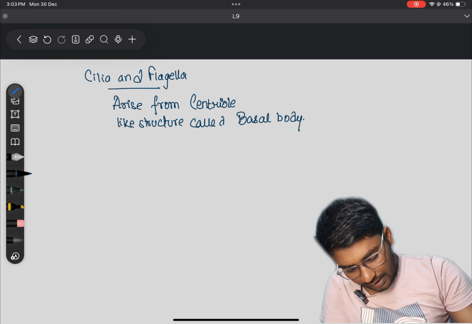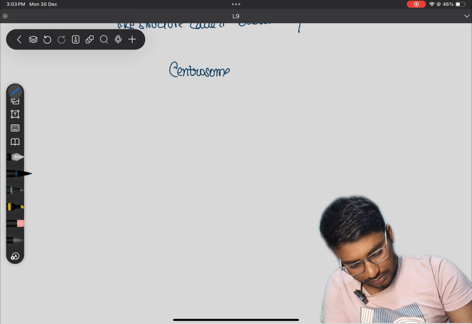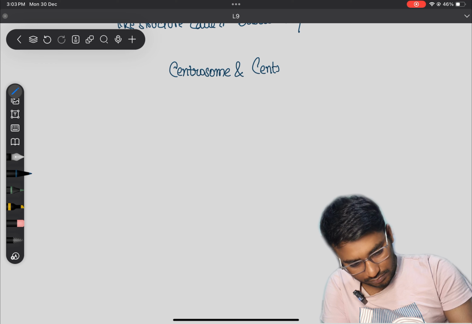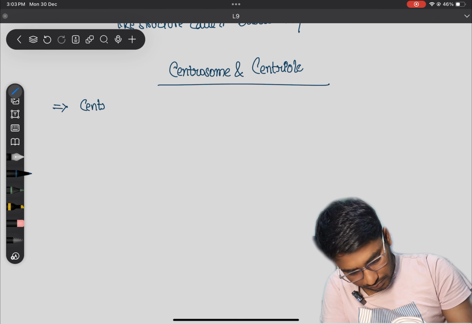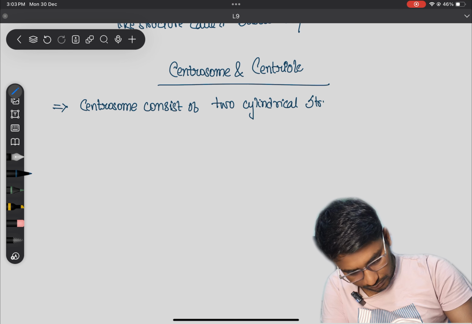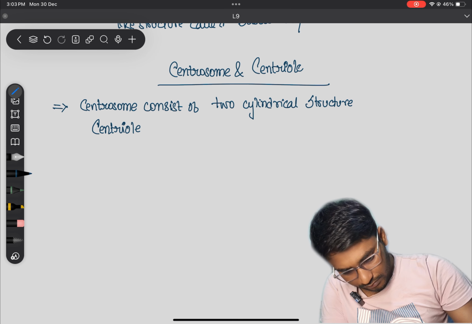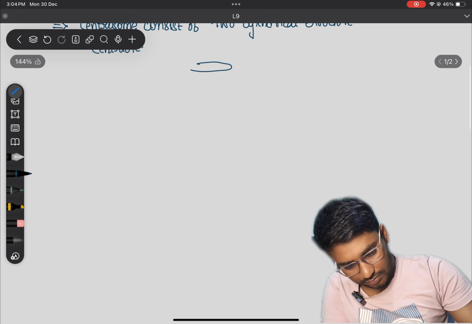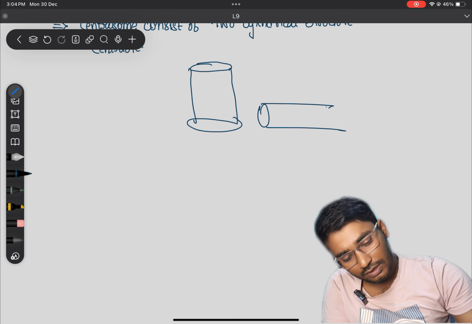Okay. Now centrosome and centriole. Centrosome consists of two cylindrical structures, the centrioles.